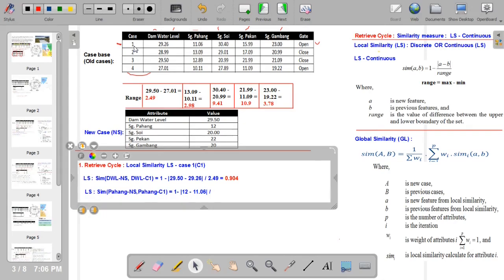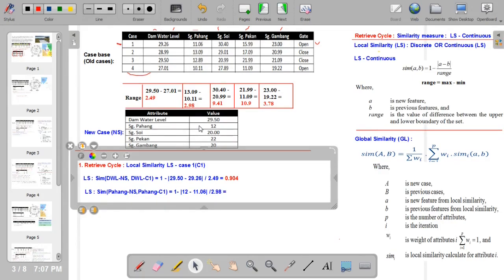divided by the range value of the Bahang attribute. What is the range value of the Bahang attribute? When we divide, here it is, right? 2.98, right?